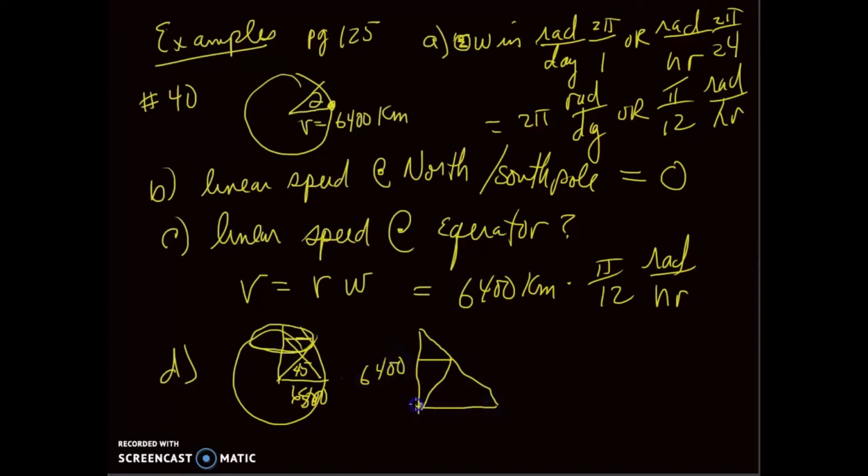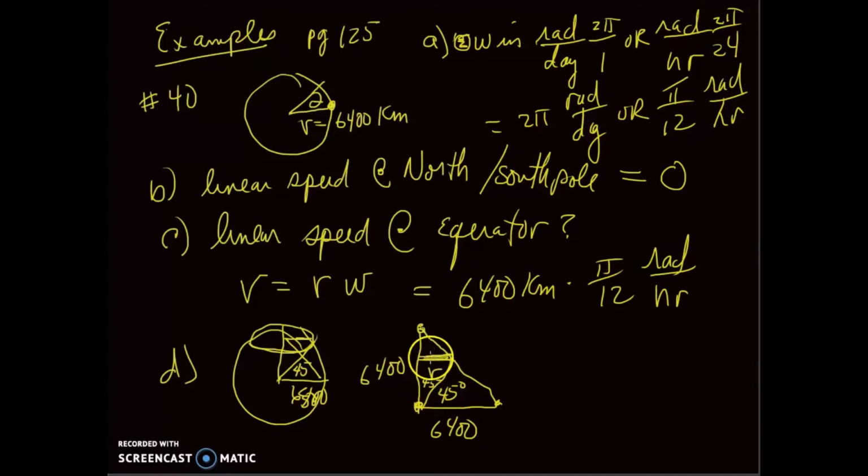So this is 6,400 from the center to a pole. Also 6,400 from the center to the equator. This is a 45 degrees. We need this distance right here for the r. So if this is 45, then this must be 45.